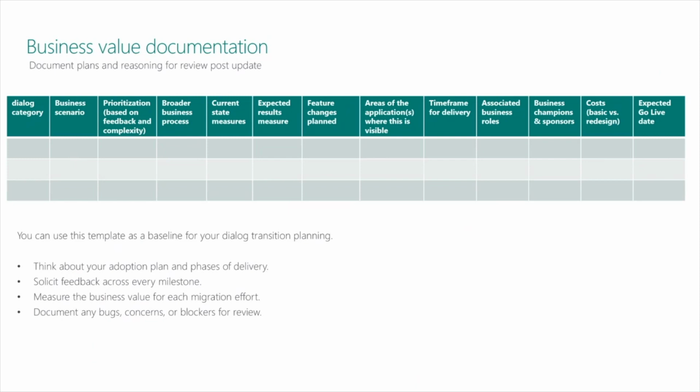Document any potential gaps from a product or platform standpoint. Any gaps, any bugs, or any concerns, make sure that you reach out to Microsoft support to log these as soon as possible. And if you're a Fast Track customer, if you're engaged with a Fast Track Architect, make sure that you raise those concerns, gaps, or blockers to your Fast Track Architect.